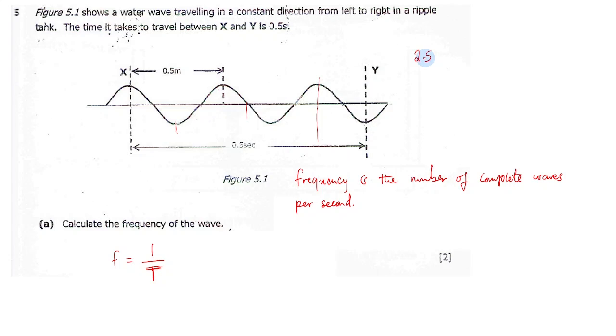I think I need to find the speed of the wave. I'm going to use the speed is equal to wavelength times frequency. But before I use that one, I need to know this speed. Speed should be equal to distance over time. Yeah, that's what I'm going to use.